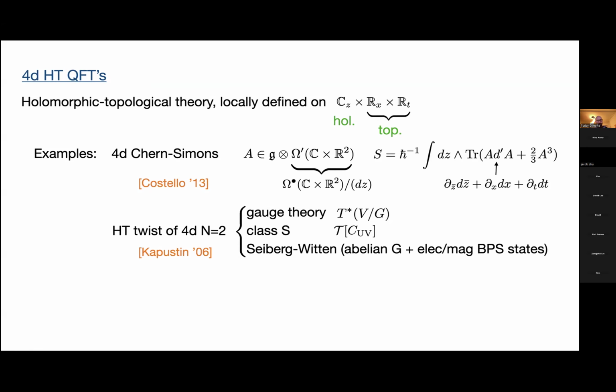There are theories of class S defined by a Riemann surface. And both of these flow in the infrared to Seiberg-Witten theories that are abelian with some BPS states. And the BPS states have independent mathematical constructions, which is where things tie in together in interesting ways.